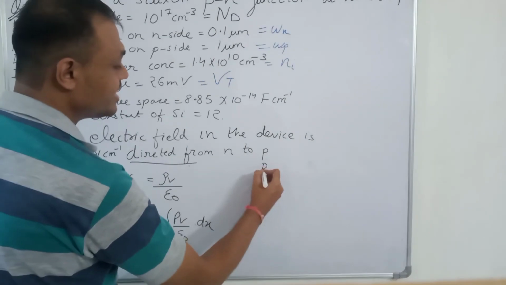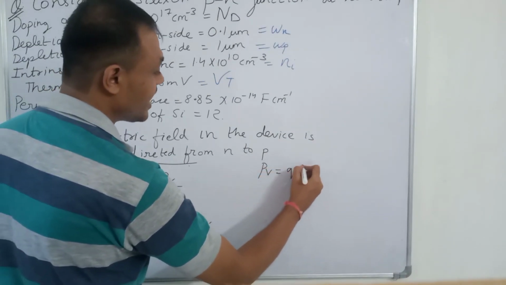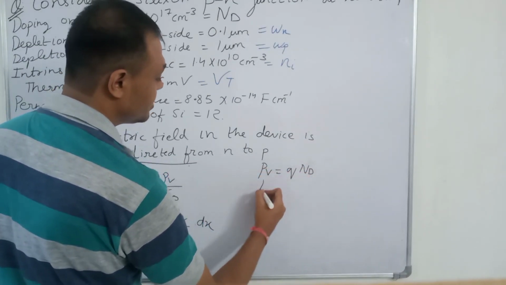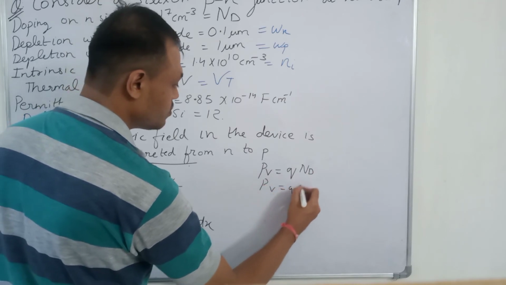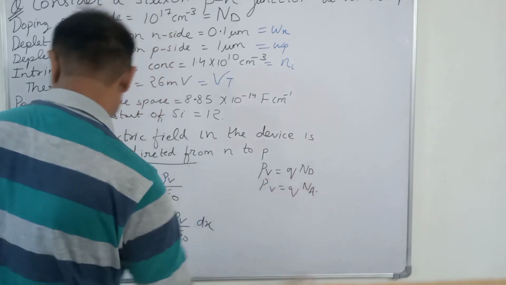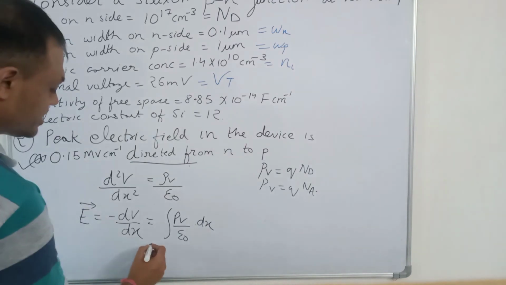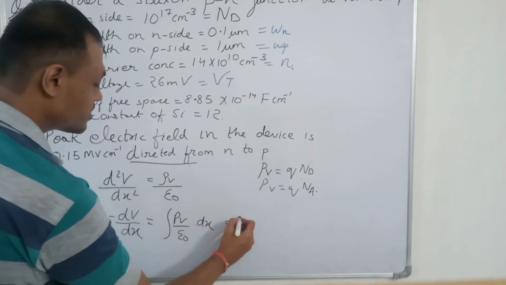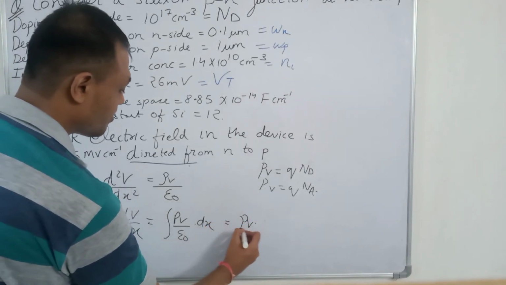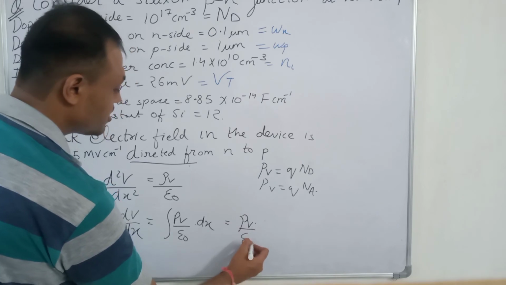Now rho V is equal to Q into Nd for the N side, and Q into Na for the P side. So we can use any formula.